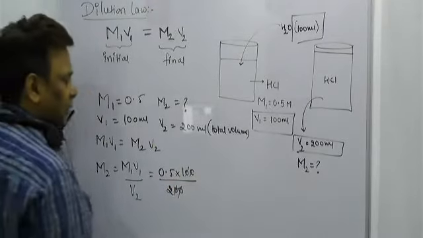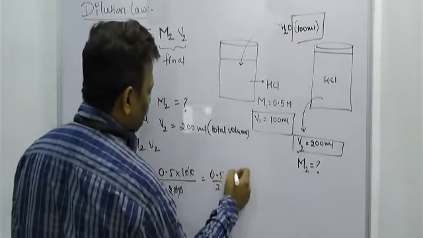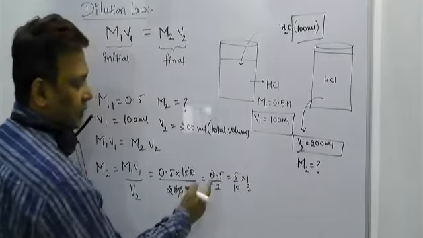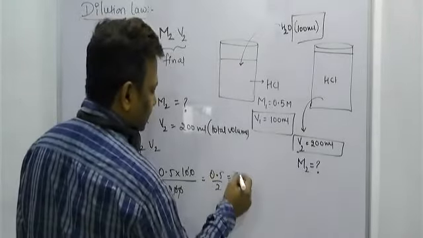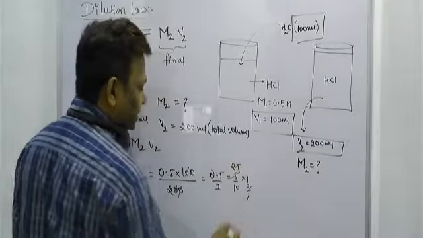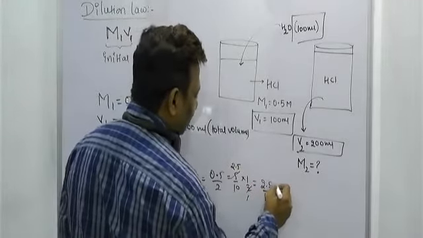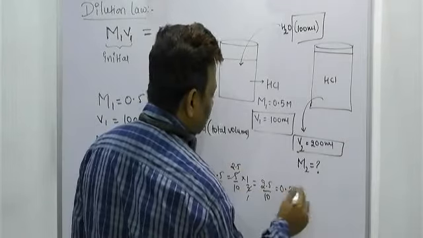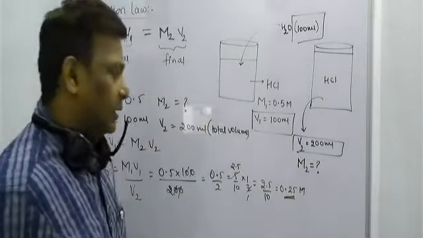It becomes 0.5 by 2. 0.5 can be written as 5 by 10 into 1 by 2, so 5 by 2 into 1 by 2. Two ones are 2, two fives are 10, so 2.5 by 10 is 0.25. That is 0.25 molar.